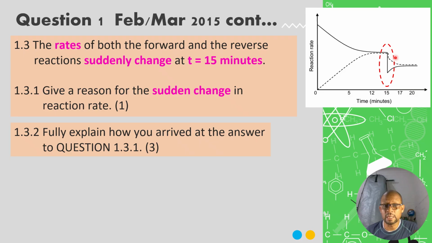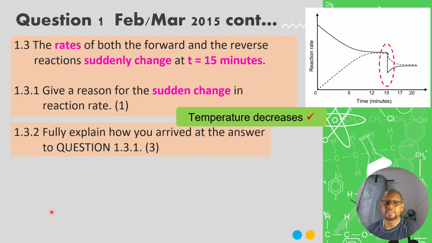Remember, if both lines are the same length, then it would be a catalyst. Okay, so here we know, as we said, the change was due to temperature. Now, because the rate here is lower than the rate there, it is a temperature decrease, or you could say it indicates a decrease in temperature.